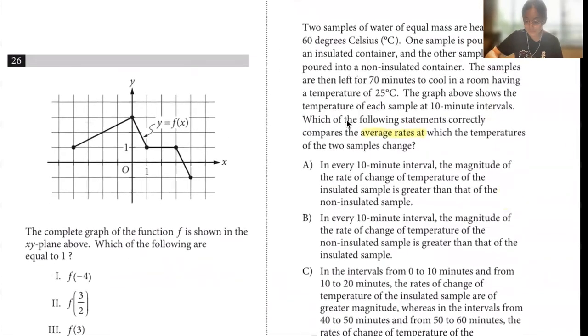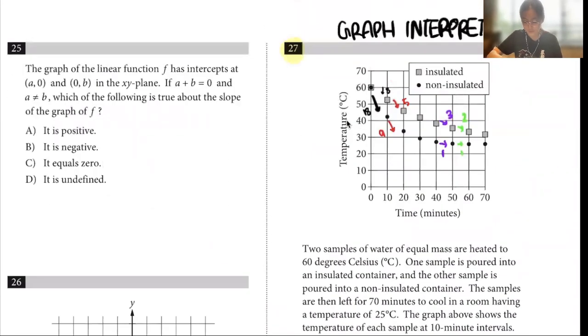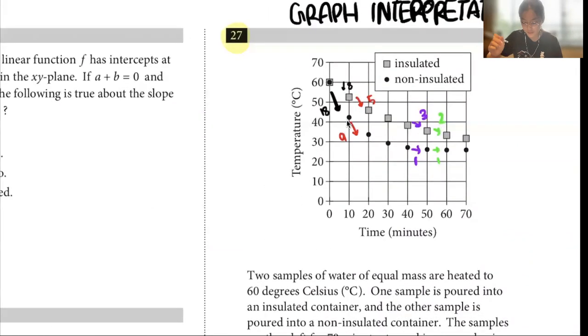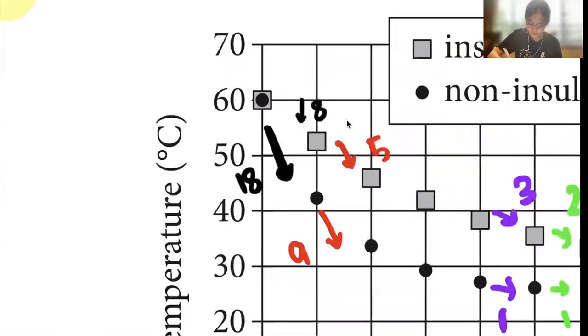So I skipped to the 40 to 50 time interval, and it was 1 non-insulated, 3 insulated. And for the 50 to 60, it was 1 for the non-insulated and 2 for the insulated. And again, this is a box, and this whole thing talks about 10.